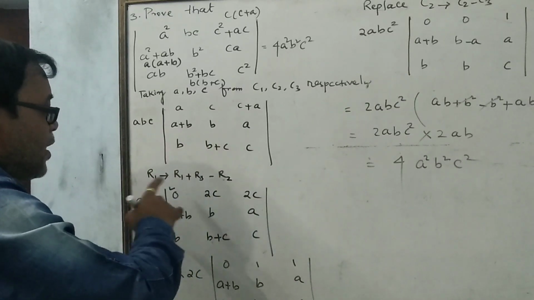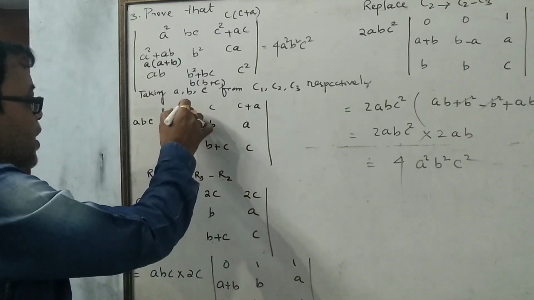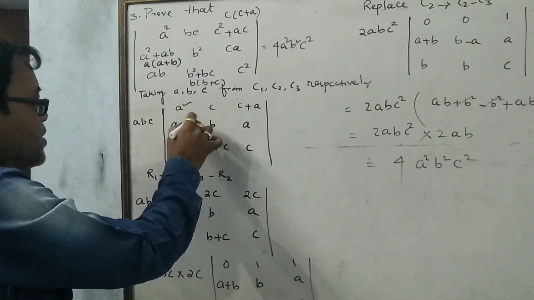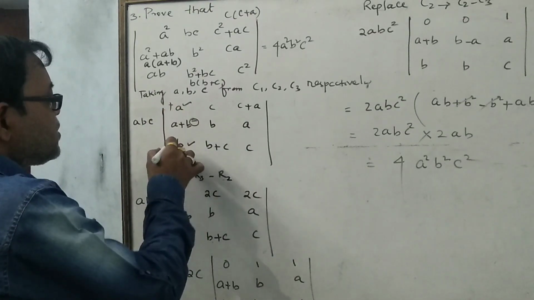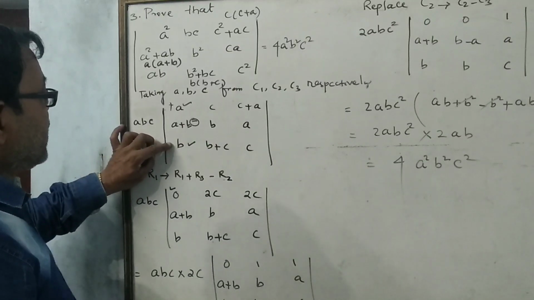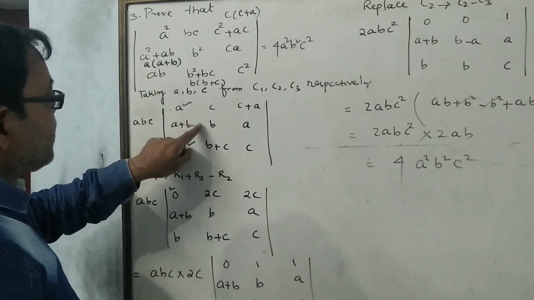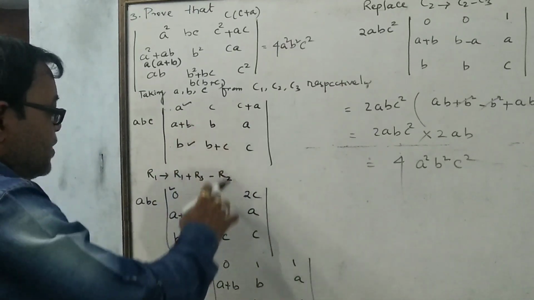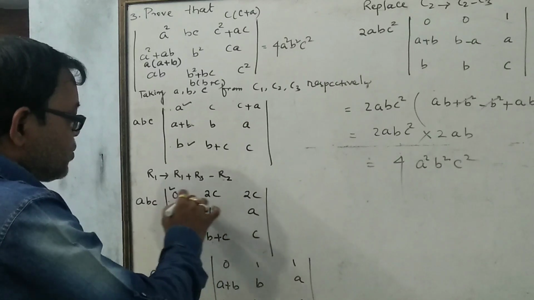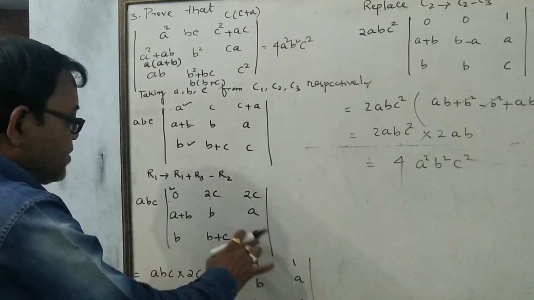We have taken R1 plus R3 minus R2 for each entry. These two will be added and the other subtracted. Like this, we have got 0, 2c, 2c; a plus b, b, a; b plus c, c.